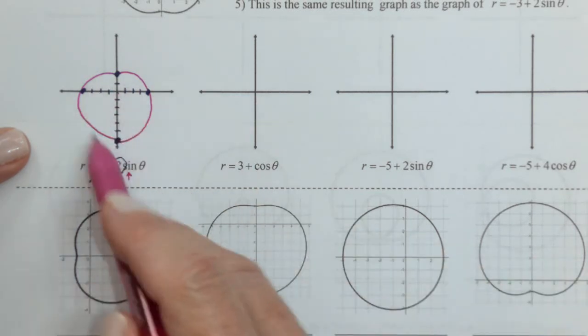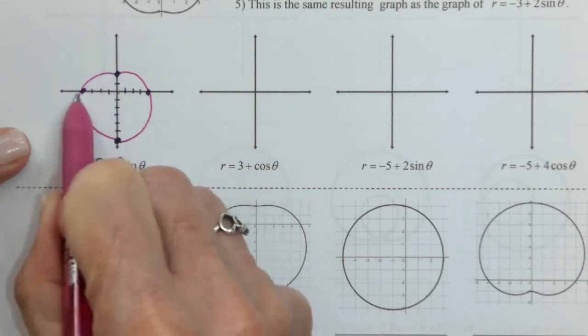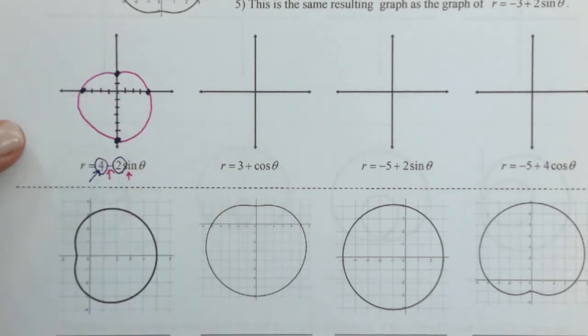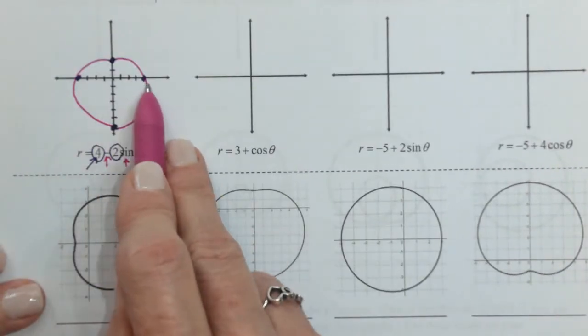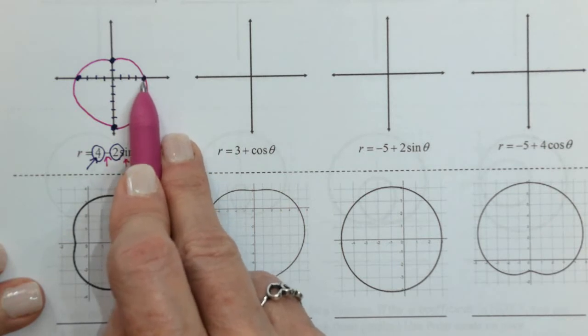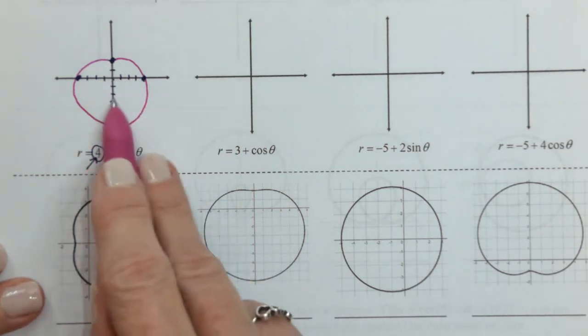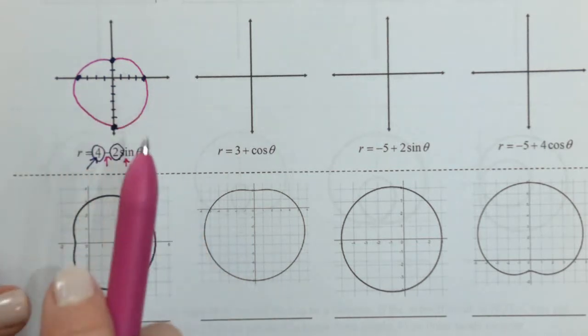So I don't care how you draw it, but you do need to show me these 4 points, okay? I need to see all the crucial points, and I need to have a way to find them too. So if you want to do hash marks, do hash marks. If you don't do hash marks, you're going to have to tell me what number this is on, like a 4, a 6, a 2, okay? But hash marks are good because I can count those hash marks.